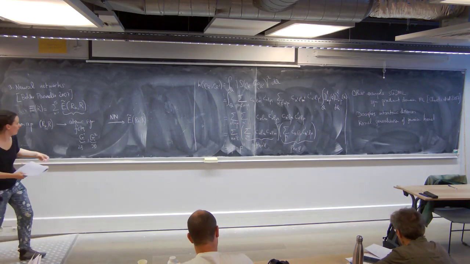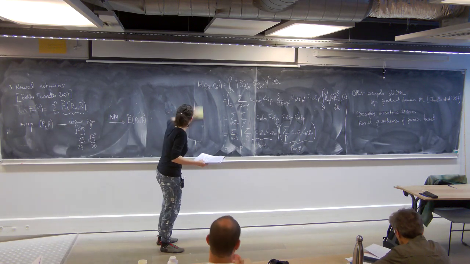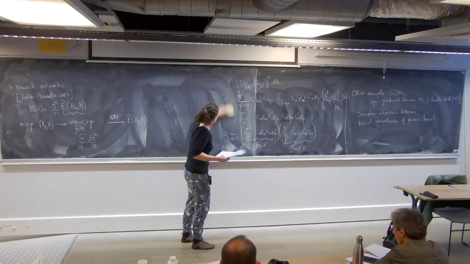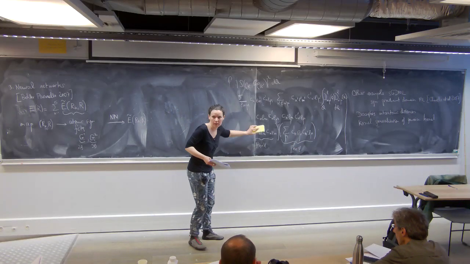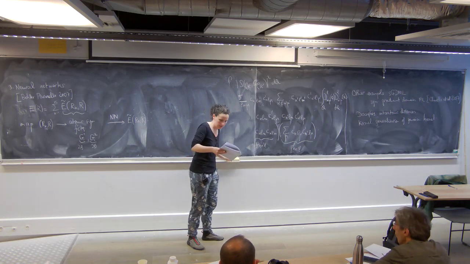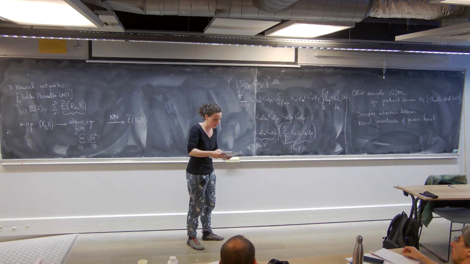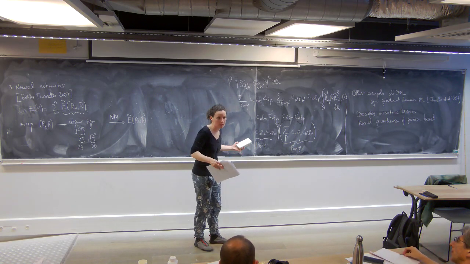What they do is use a feed-forward neural network with two hidden layers, and they have very few, 40 nodes for each layer.